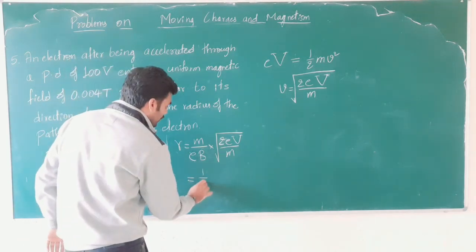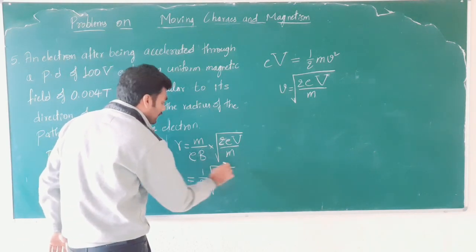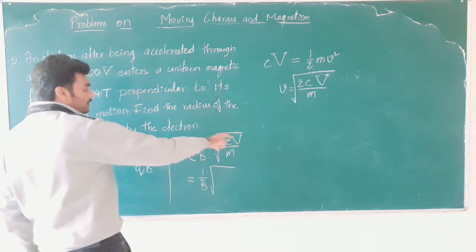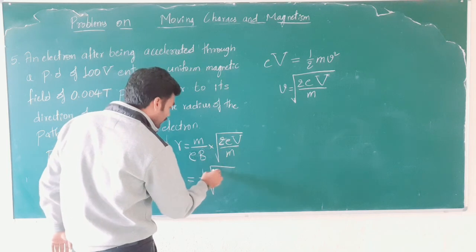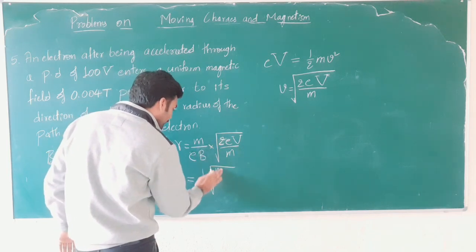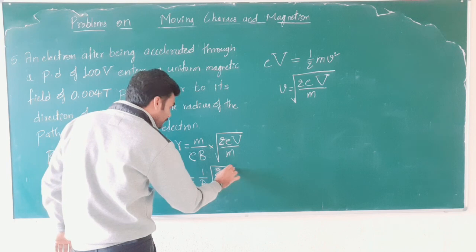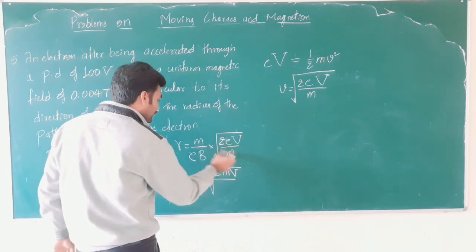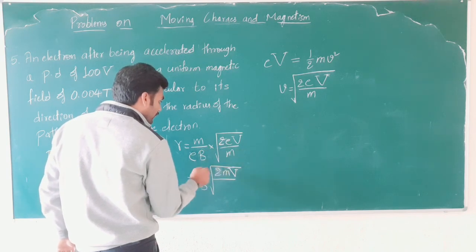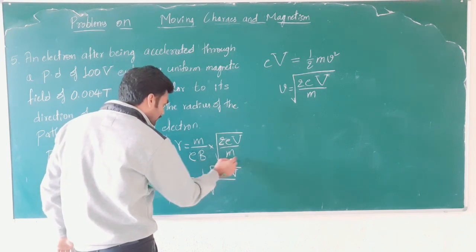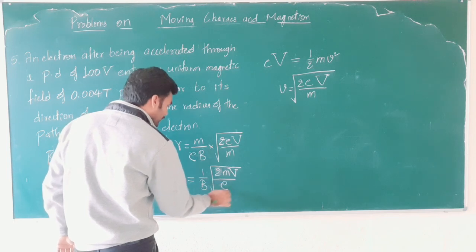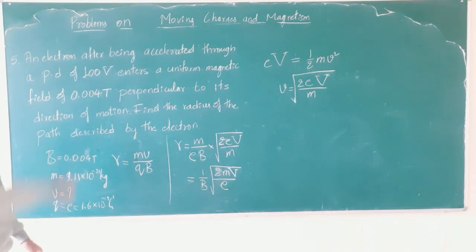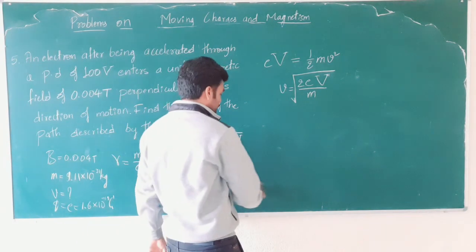So 1 by B remains, and inside the square root, 2mV, the potential difference, by e, because one of the e gets cancelled and one e remains in the denominator. So you simplify these values and you will get the radius in which the electron will move.